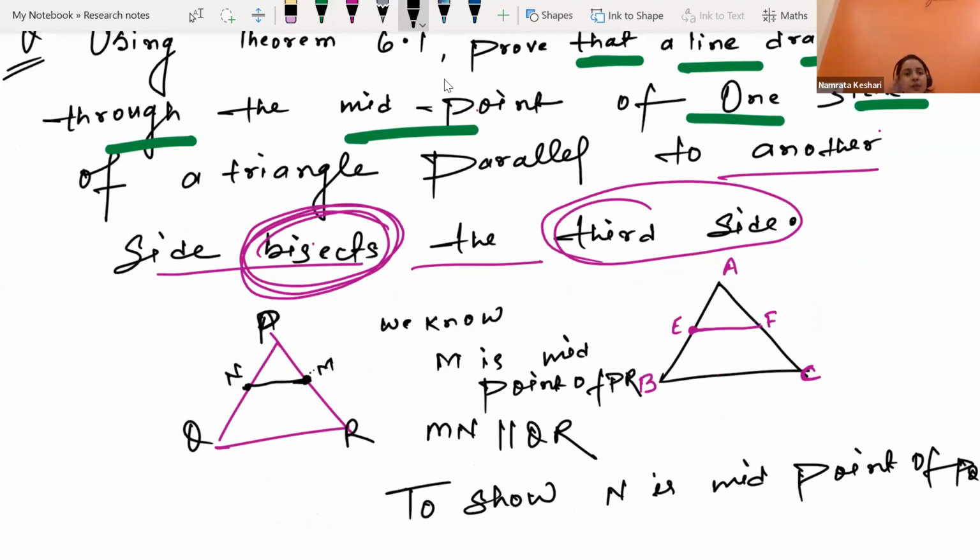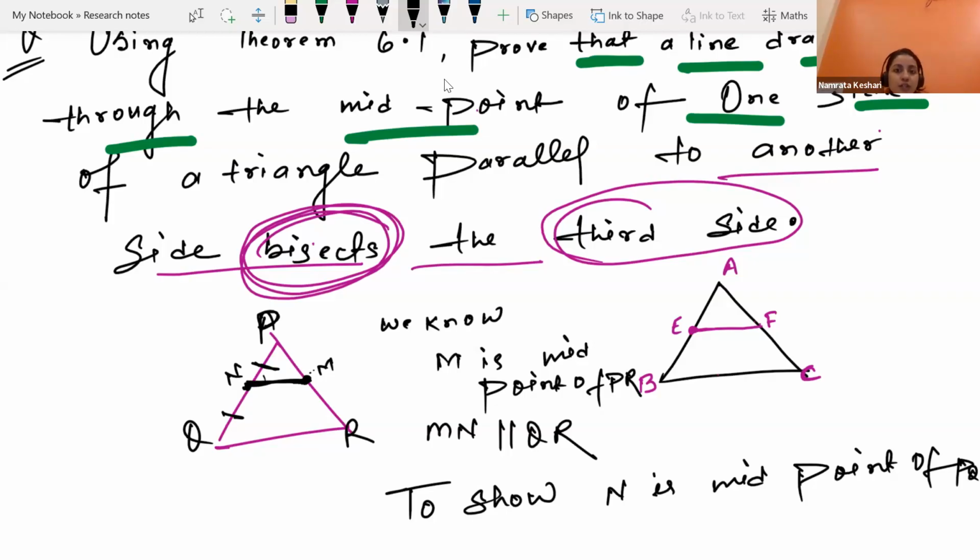If a line passes through the midpoint of one side, parallel to another side, then that line, this MN, will bisect the other side also. It will cut the other side into two equal parts.